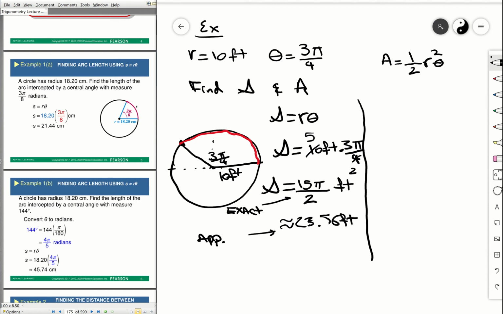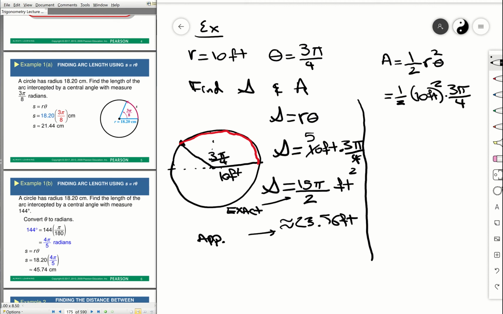So we get equals 1/2. Now remember that the radius is 10 feet, so times 10 feet squared times theta, which after we make sure it's in radian measure, we can go ahead and just substitute 3 pi over 4.